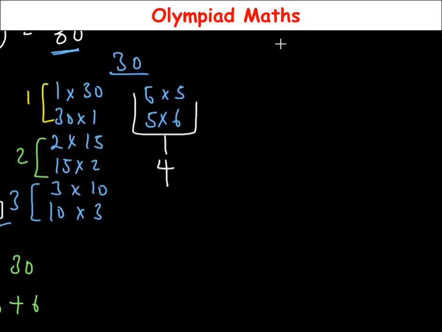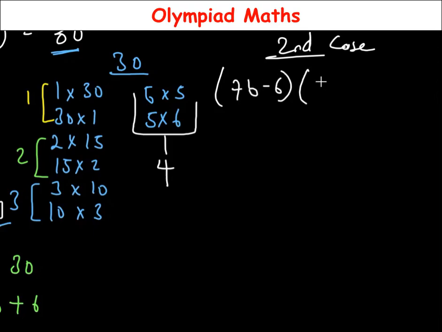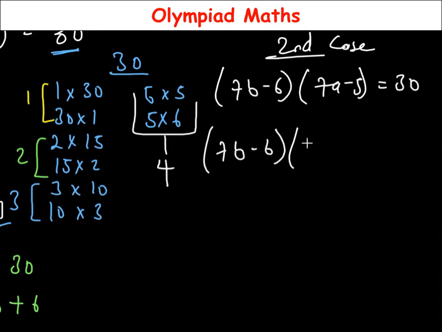Now, let's also consider the second case. For the second case, we have the equation 7b minus 6 multiplied by 7a minus 5 equals 30. And for the second case, 30 is equal to 2 times 15 and 15 times 2. So 7b minus 6 multiplied by 7a minus 5 is equal to 2 times 15, or 15 times 2.